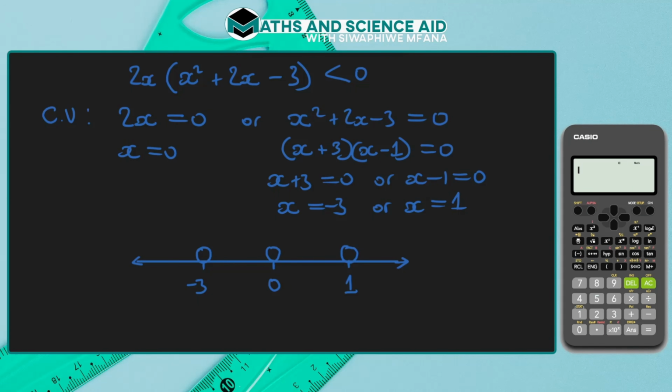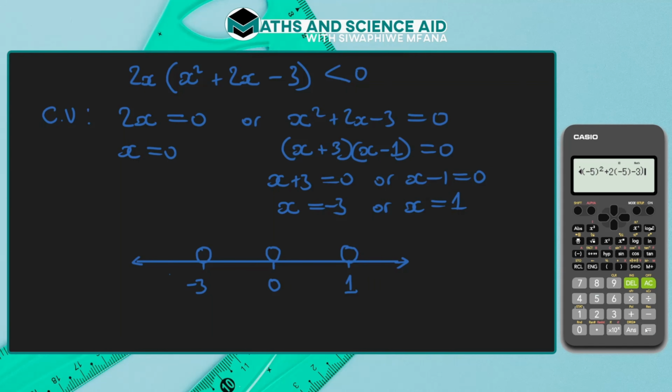So for the first interval, we can substitute for an example −5, because −5 is within this range. So if we do that, we will have 2 into −5, and all of that into (−5) squared plus 2 times −5 minus 3.